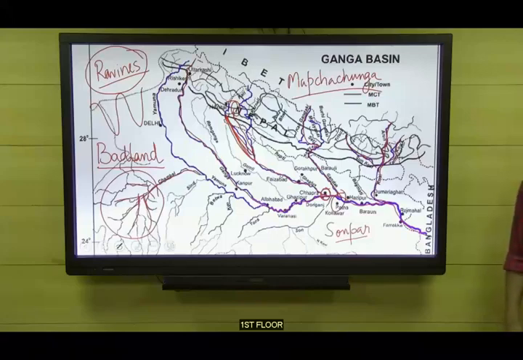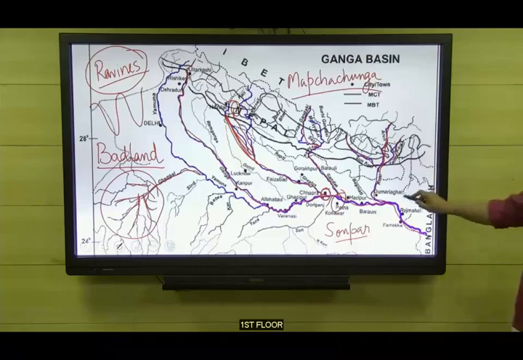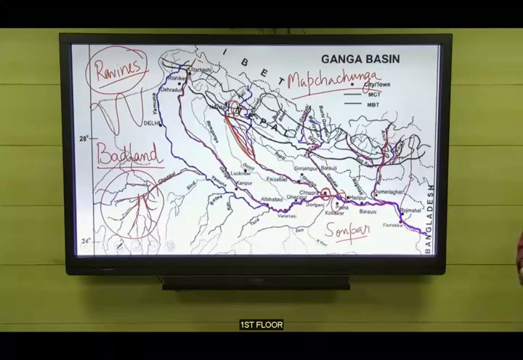Okay, so these are the main tributaries of Ganges, and there are some other tributaries like Ramganga, Mahananda and all. Mahananda is from Darjeeling. Near Darjeeling it originates and joins Ganga in West Bengal.